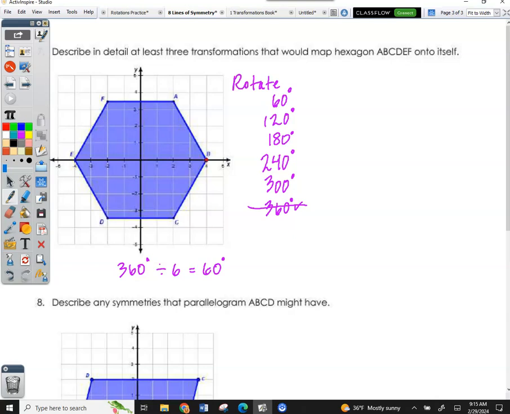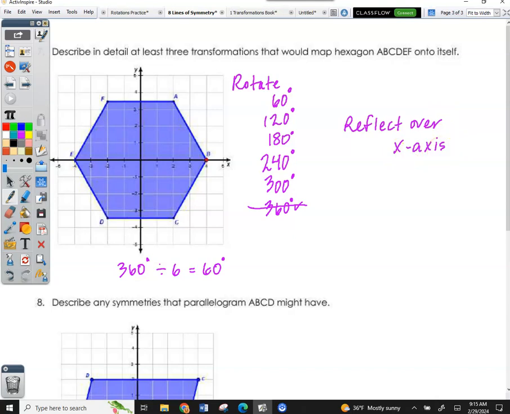Imagine if the x-axis was like a bar, an axis of symmetry, and I was able to take this shape and reflect it. Would it land right back in the same imprint? Yes. So you could reflect over the x-axis.